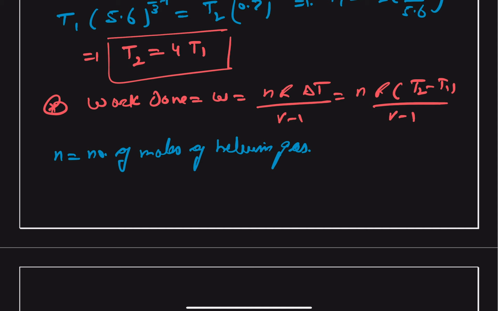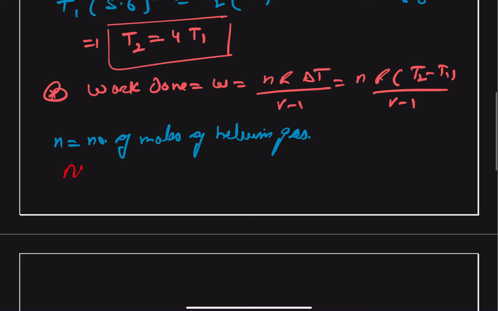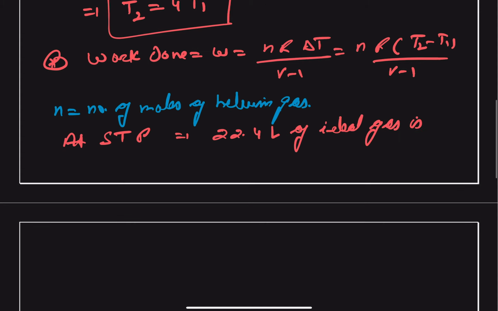At STP, standard temperature and pressure, 22.4 liters of ideal gas is equivalent to 1 mole.